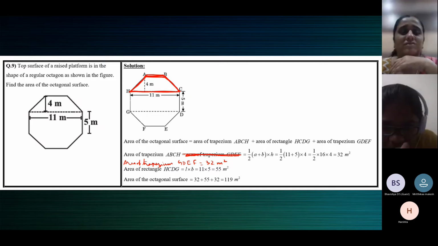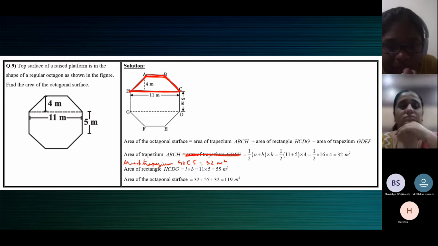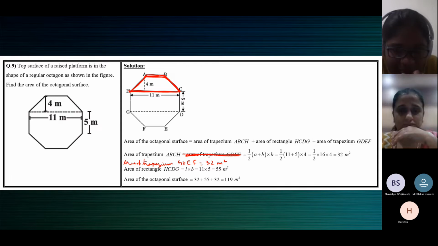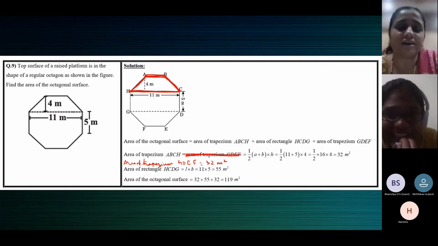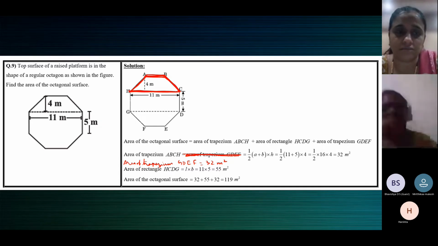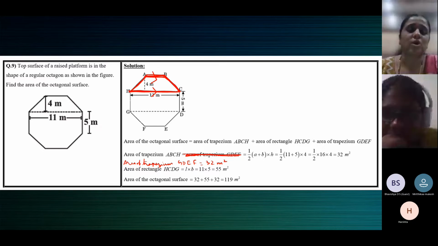Which are the two parallel sides in the trapezium ABCH? AB and HC, or CH.